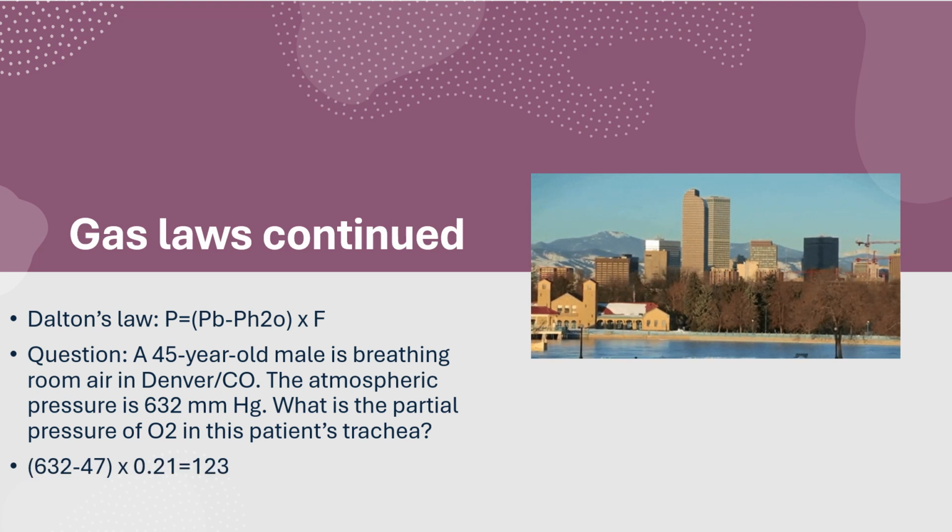Here's the answer. 632, which is atmospheric pressure in Denver, Colorado, minus 47, which is the vapor pressure of water at 37 degrees Celsius, times 0.21, or 21%, the fraction of inspired oxygen in room air. And the answer is 123.